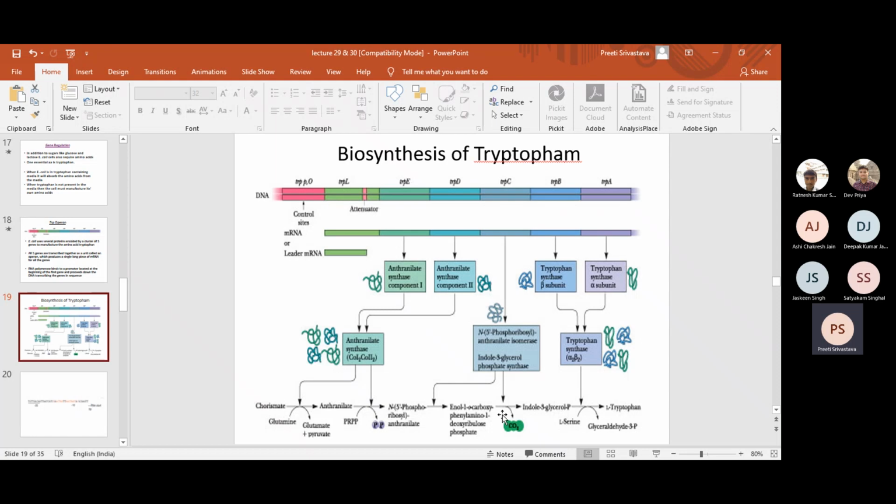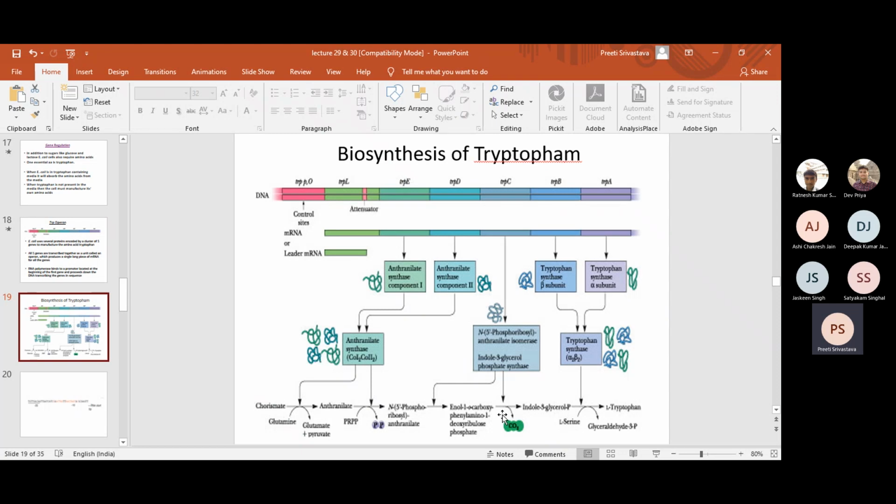What is important to see over here is that in case of tryptophan biosynthesis, the operon has 5 genes, point number 1. Point number 2, it has a leader sequence, and this leader sequence is actually translated into a peptide which is called leader peptide. Now, what is a leader peptide?